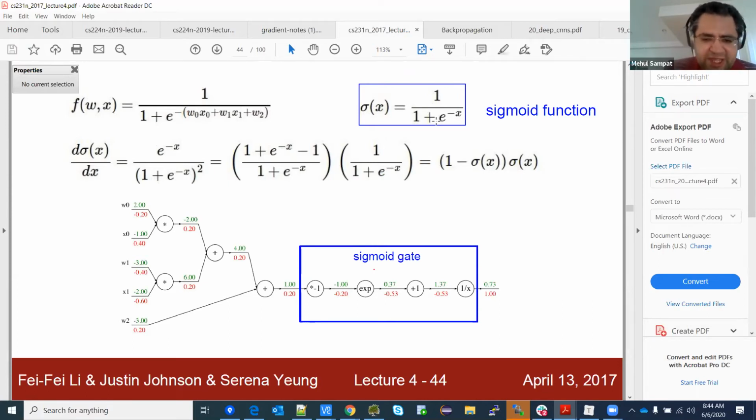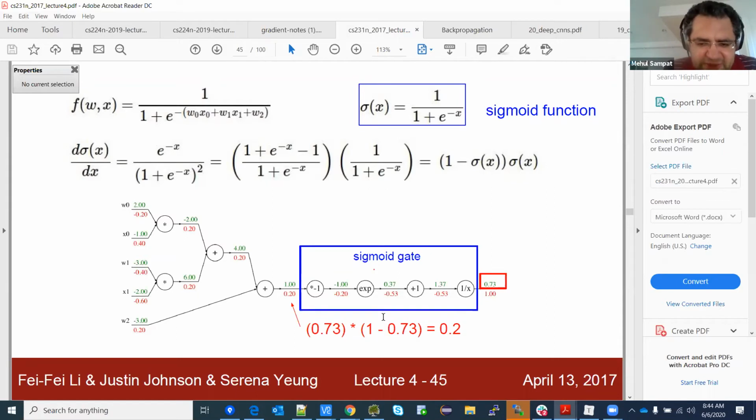If you have time, listen to the 2017 lecture on this. What she says is you could do each and every step, or in this case, you know the sigmoid function and you know its derivative, so you could just take the derivative with respect to the sigmoid function. They were showing that either way you do it, you get the same value of 0.2.